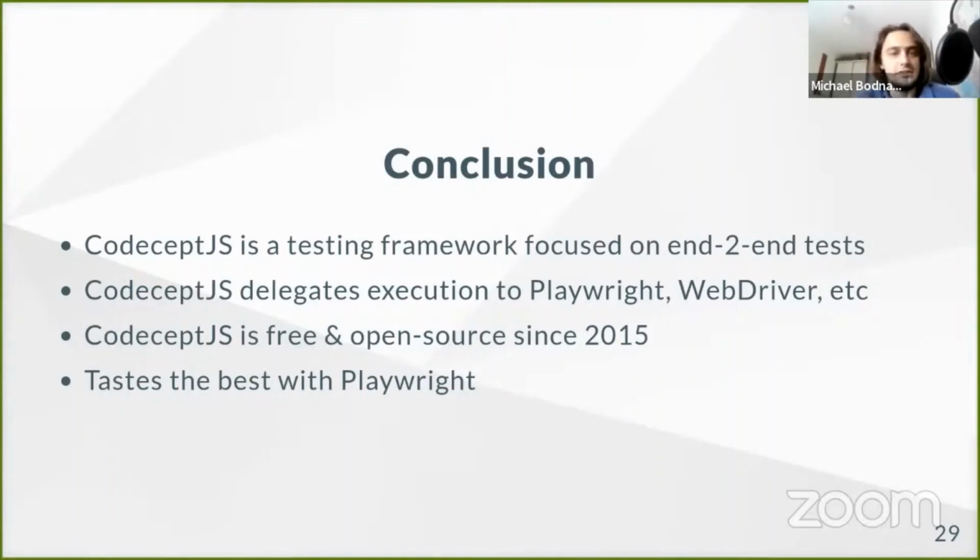But still, I would say that writing native tests in Playwright is quite complicated. You have lots of boilerplate code around it, and it can be really messy. So Playwright to me is AngularJS in the world of front-end testing frameworks. You need to do lots of things to do the common stuff, and CodeceptJS is a framework that minimizes the effort you need to spend to write your tests with Playwright.